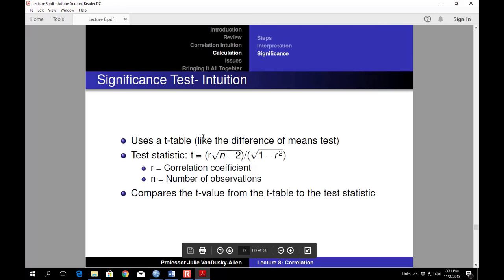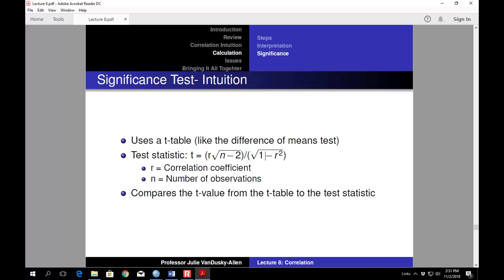This test is similar to a significance test for a difference of means test, which we discussed in the previous lecture. It finds an appropriate value from the t-table, and then it calculates a t-statistic, which equals the correlation coefficient times the square root of the number of observations minus 2, and that value divided by the square root of 1 minus the correlation coefficient squared.